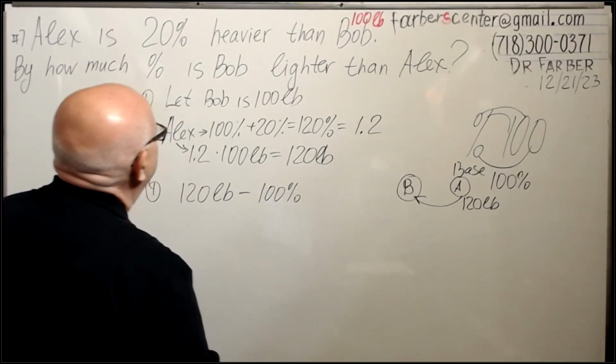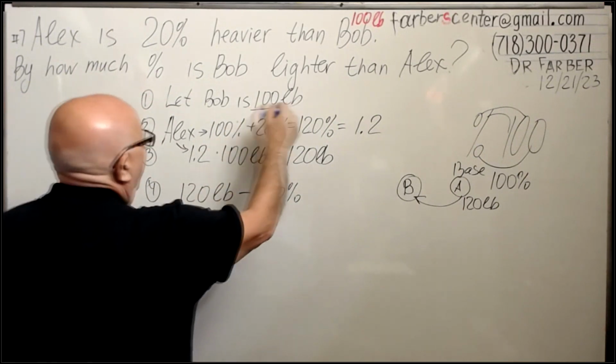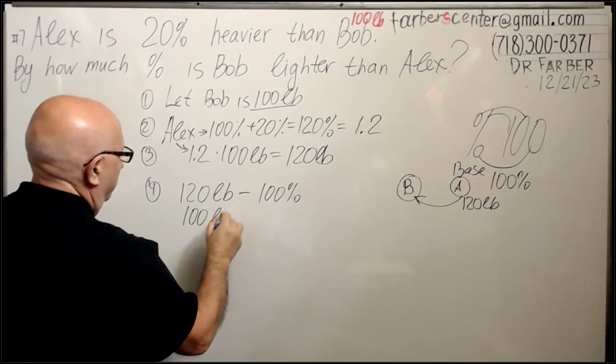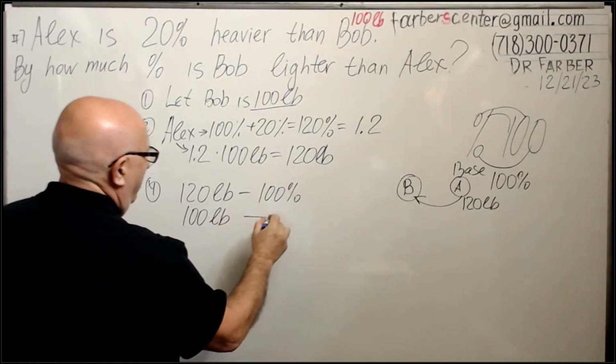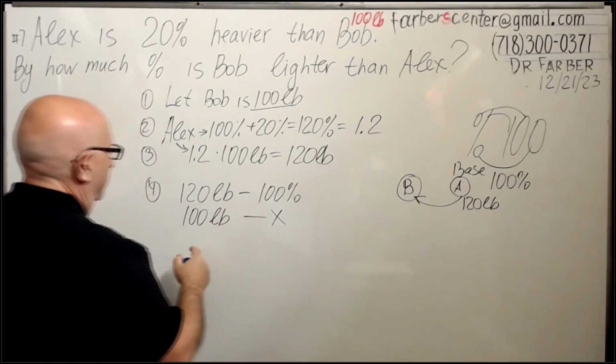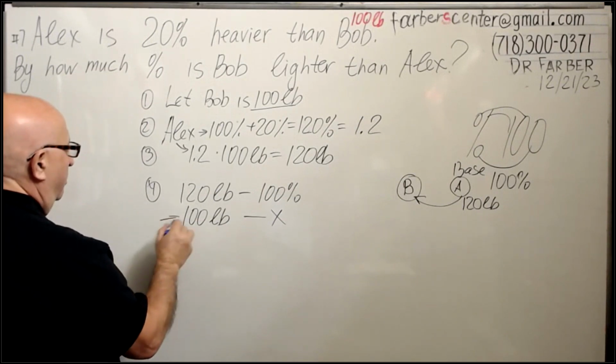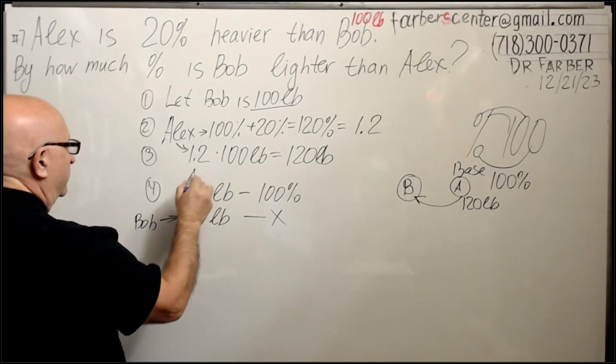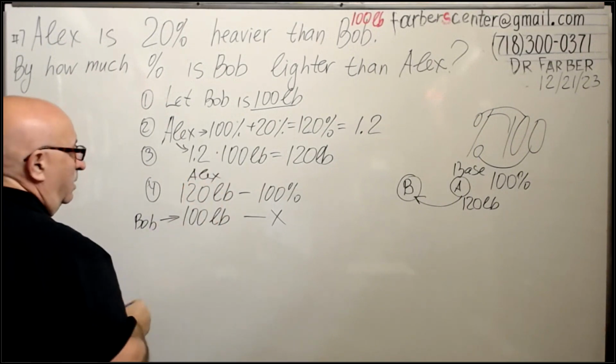And Bob is 100 pounds. I don't know how many percent Bob is of Alex. This is Bob, and this is Alex. What is next?